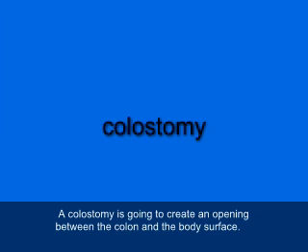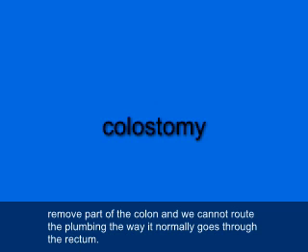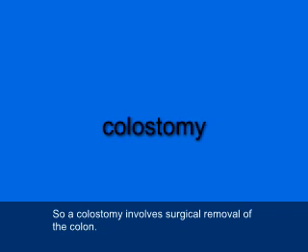So a colostomy is going to create an opening between the colon and the body surface. Now, where people get into trouble with this is not only are we making that connection, but usually we're doing it because we're having to remove part of the colon and we cannot route the plumbing the way it normally goes through the rectum. So a colostomy involves surgical removal of part of the colon.